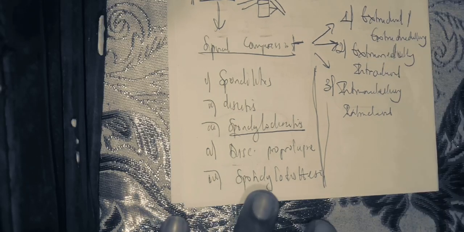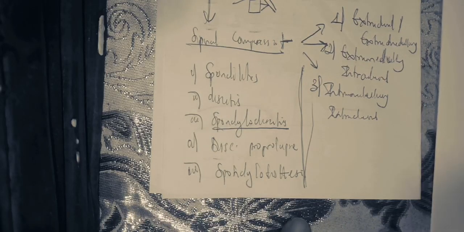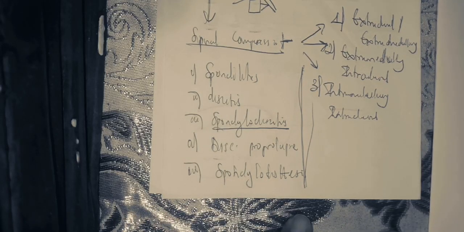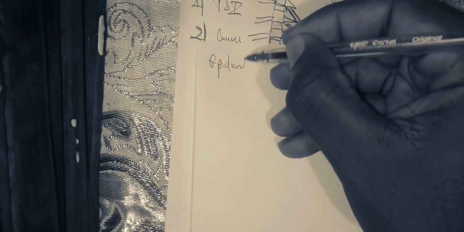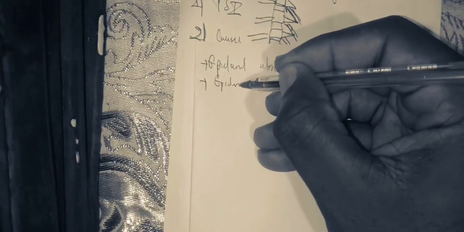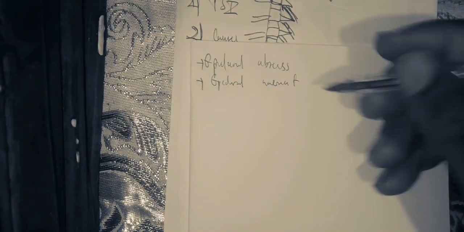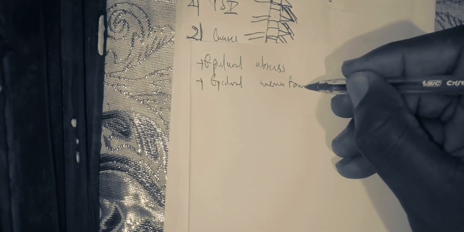Now the causes which are extramedullary and intradural include any pathology like epidural abscess at the level of the disc or of the spinal cord, or epidural hematoma. It can be extradural, it can be intradural, extramedullary, epidural hematoma.